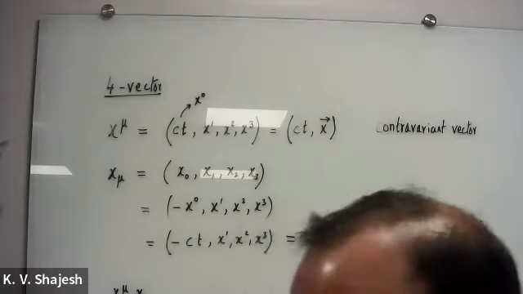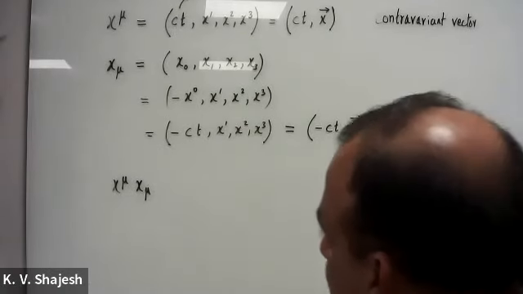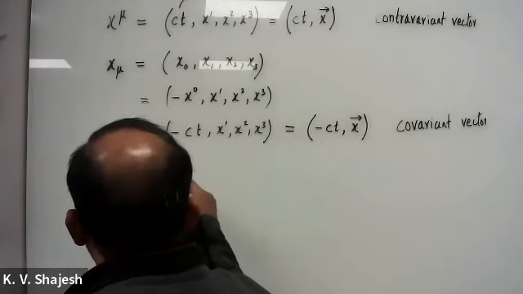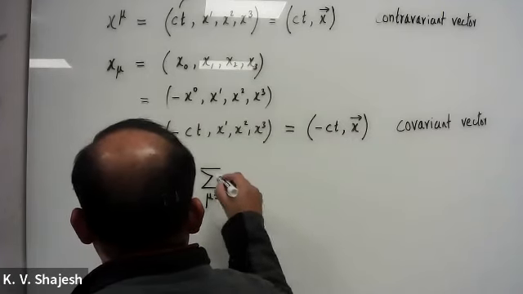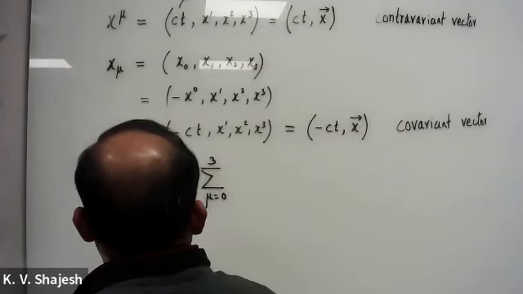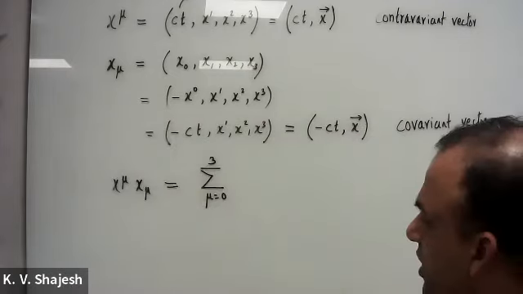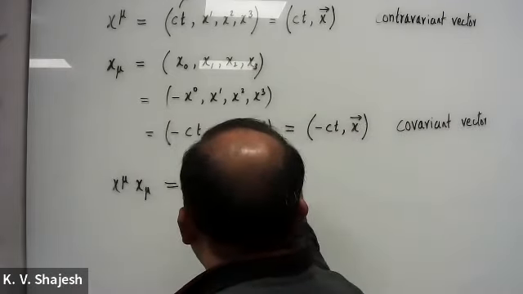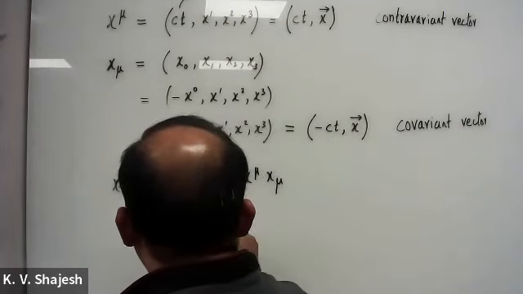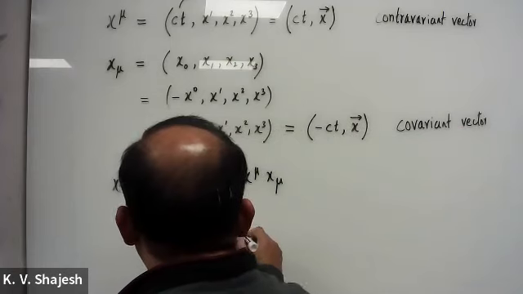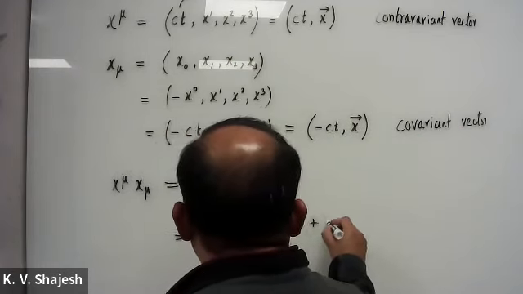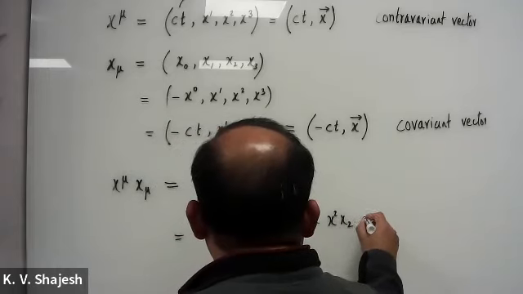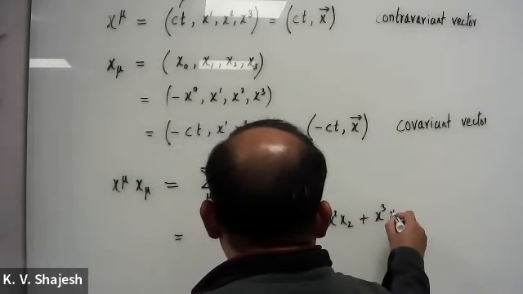So whenever the index is repeated, this means mu running from 0 to 3: 0, 1, 2, 3. x mu, and that's the same as x0 plus x1 plus x2 plus x3.